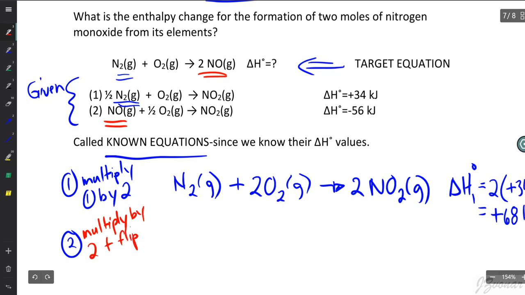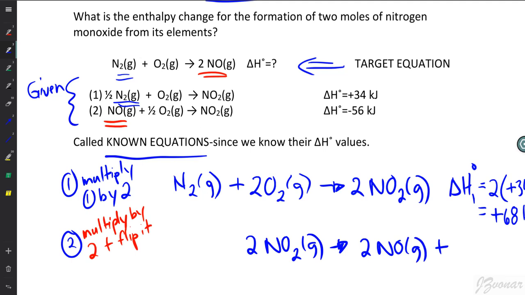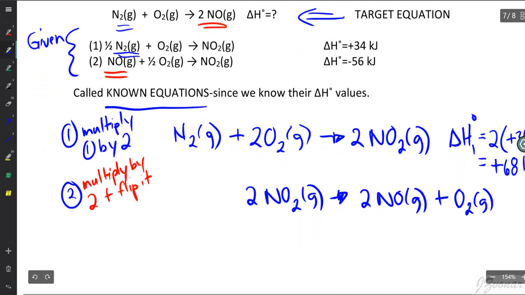As I mentioned earlier, you should always keep your arrows lined up so that you can add them up easily and cancel things out. What this leaves me with is 2 NO2s, 2 NOs, plus an oxygen. Sorry, I've run out of space here.